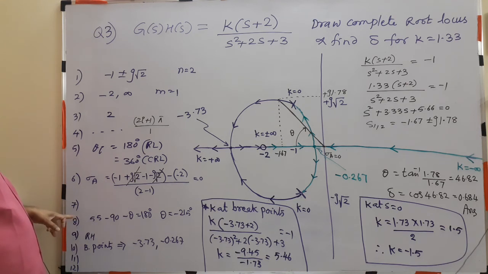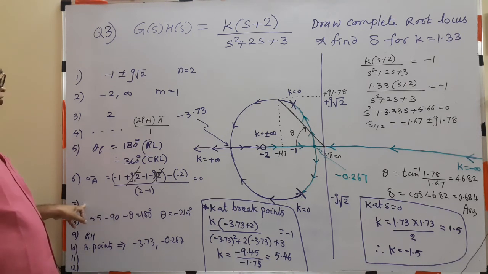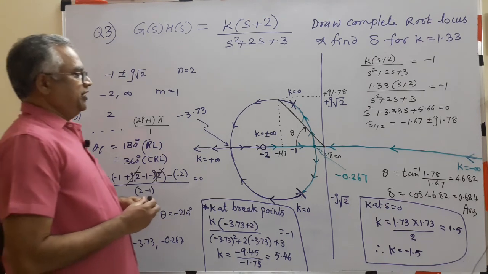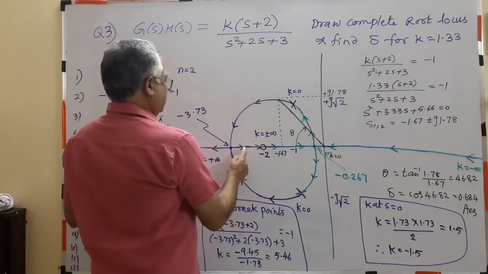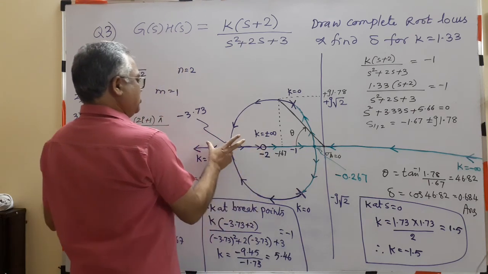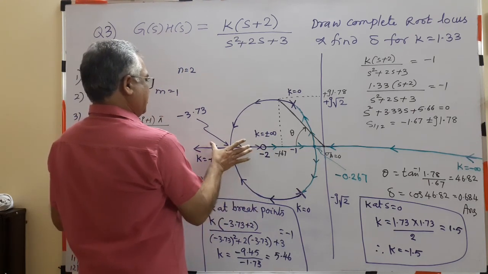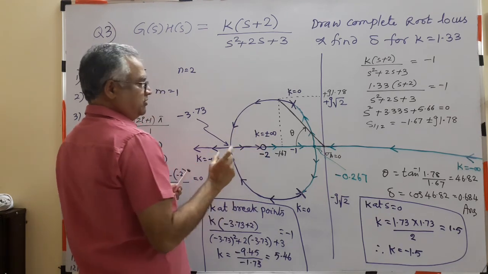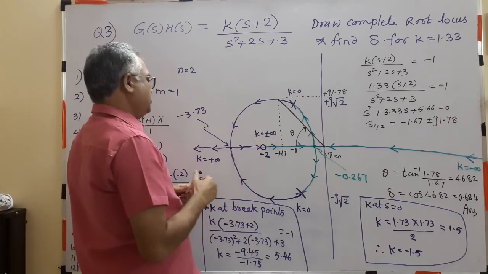Then what is the seventh? Root locus on the real axis. There is only 1 zero on this line. Right of this section, 1 zero is there, and 1 is odd.